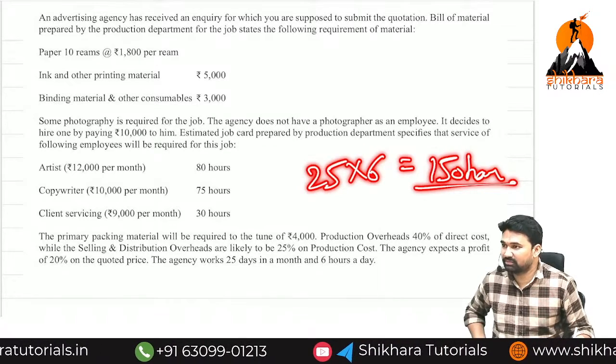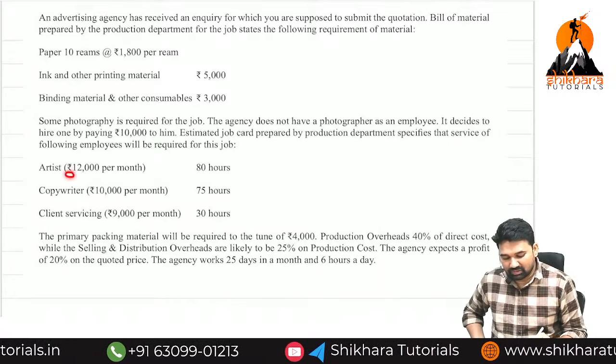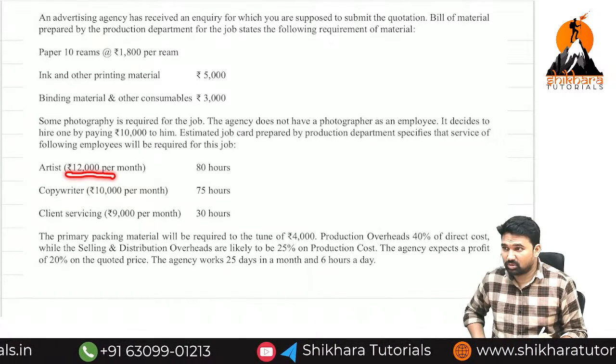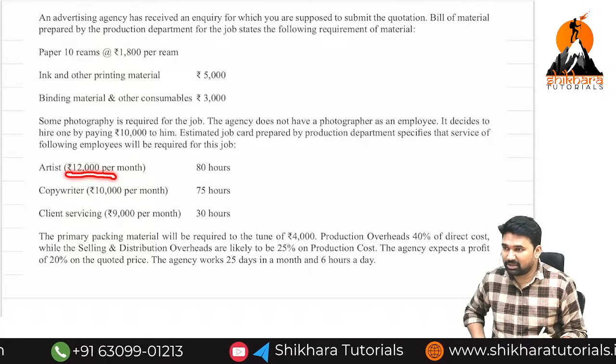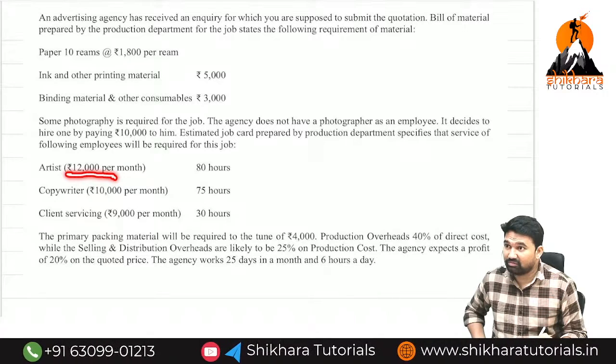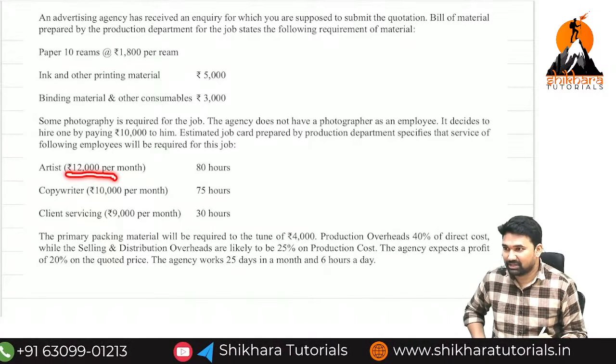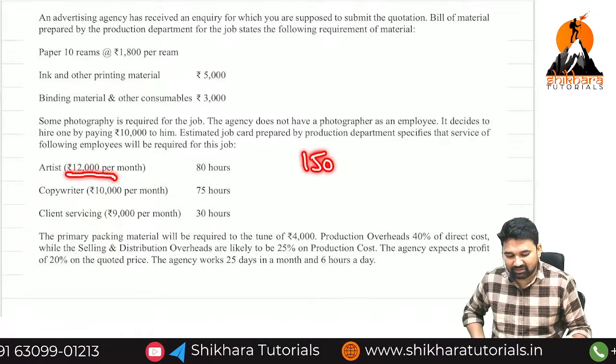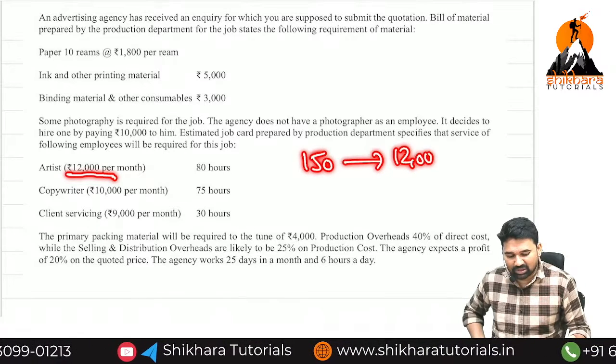So salary is 12,000 per month, and per month there are 150 working hours. Very good. So for 150 hours, you are paying 12,000.